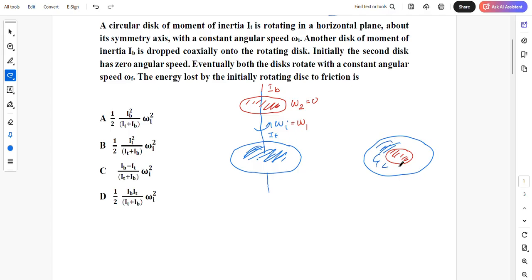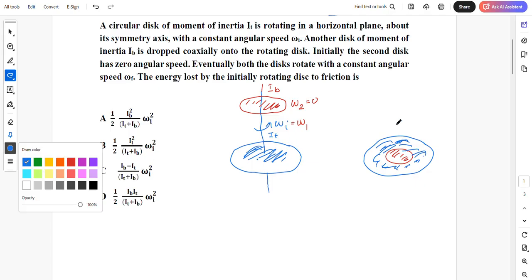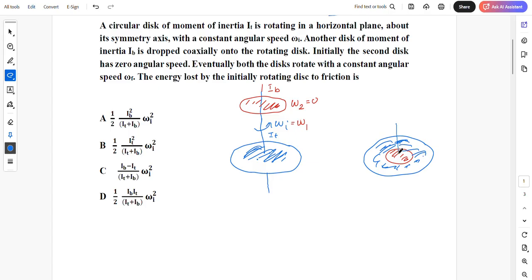To make you understand, this is just a 3 to 4 steps problem, but I am writing all the things here. Omega f. Now here both will rotate with angular speed omega f.